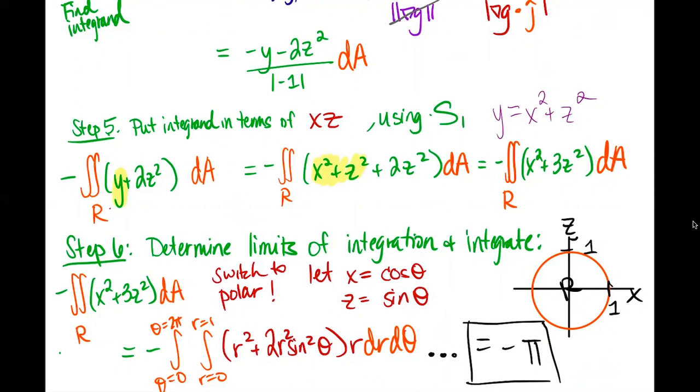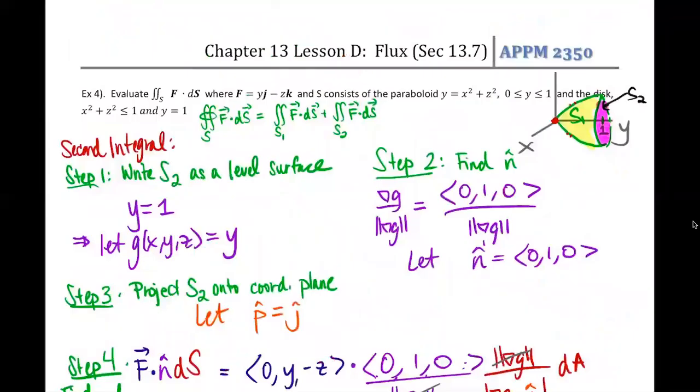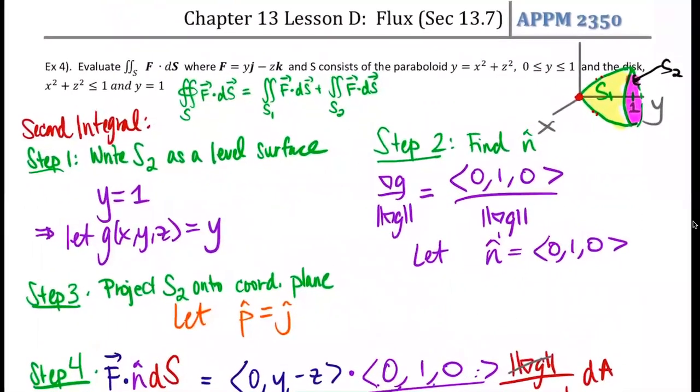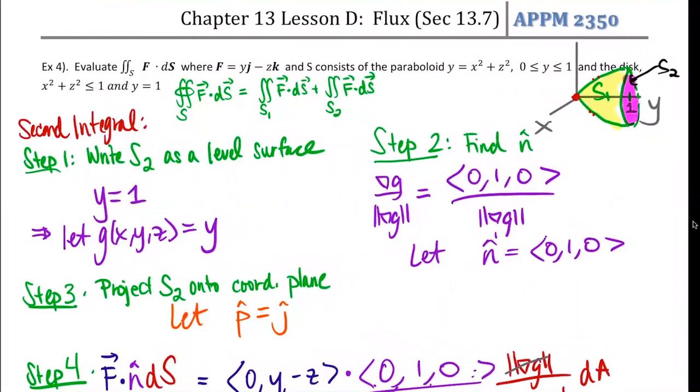Okay, so now that was only part of the surface. Now we need to go do the lid. So let's look at the lid now. Okay, so now I need to write S2, which is the lid, as a level surface. And this is usually a really hard part for people to think of. What is this actual surface that's the lid?